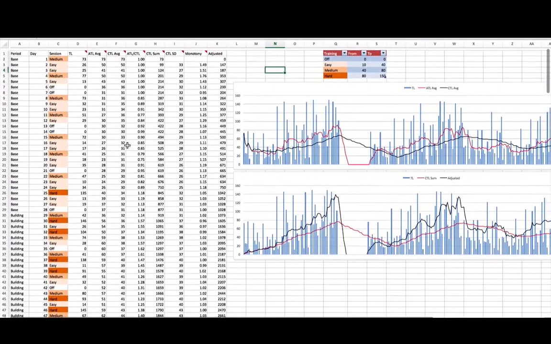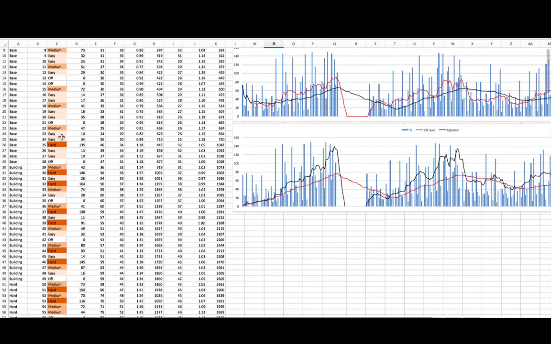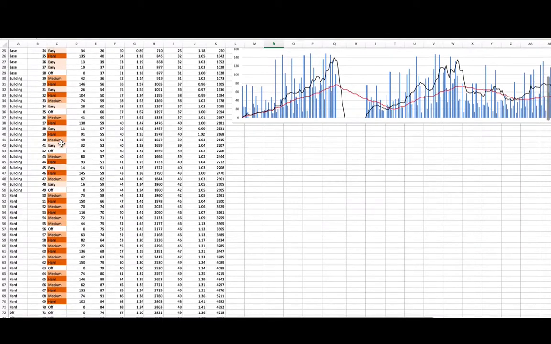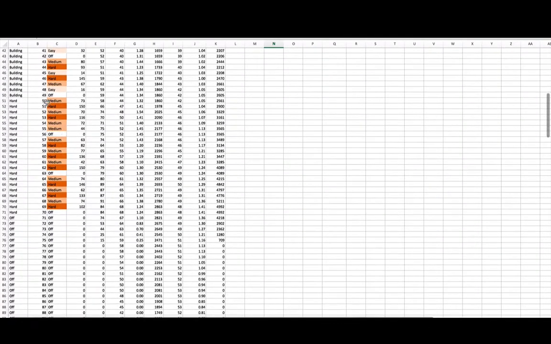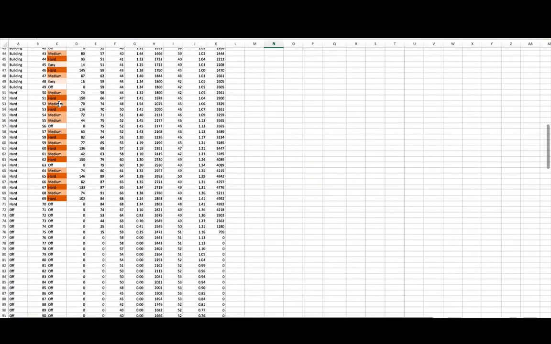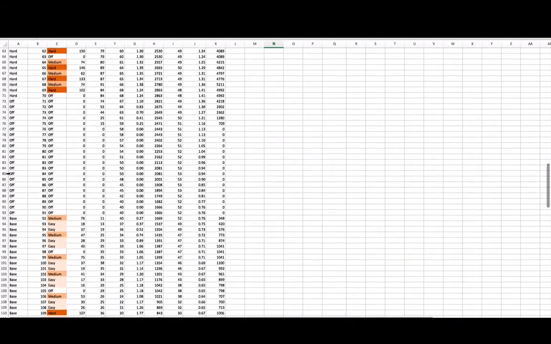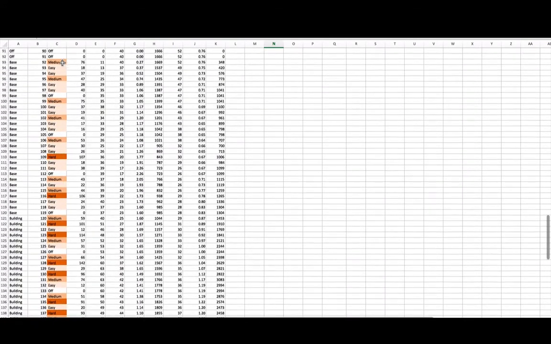In the base period, we have basically only medium and easy. In a building period, we start using basic medium, hard, easy, or hard, medium, easy. The hard period has more hard and medium sessions and fewer easy sessions. We have an off period where we don't have any training.